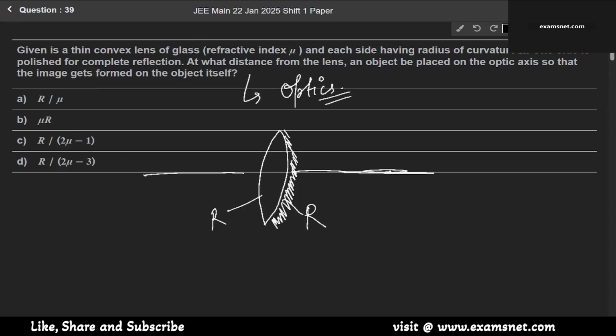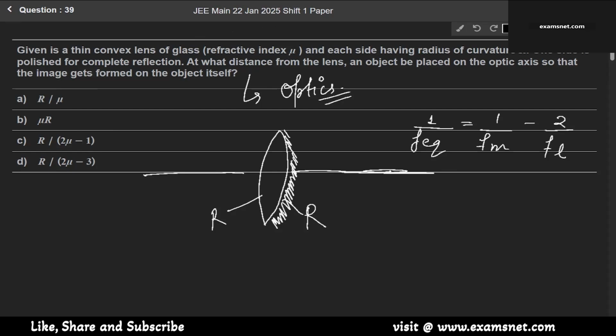If the radius of curvature of each side is r, we know the formula for it. First of all, we will find the F equivalent. 1 over F equivalent will be equal to 1 over Fm minus 2 over FL.